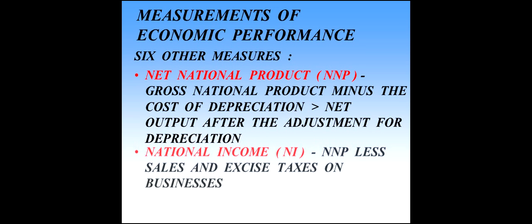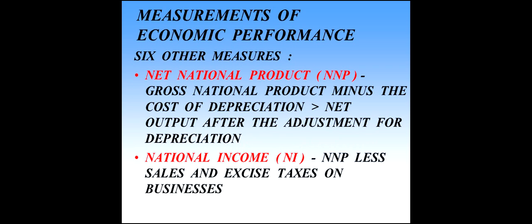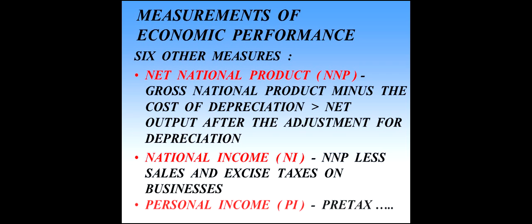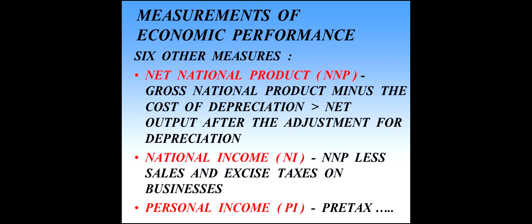Then, cascading from there, we have national income, or NI. That is net national product less sales and excise taxes on businesses. And from there, we have what we call personal income, or PI.